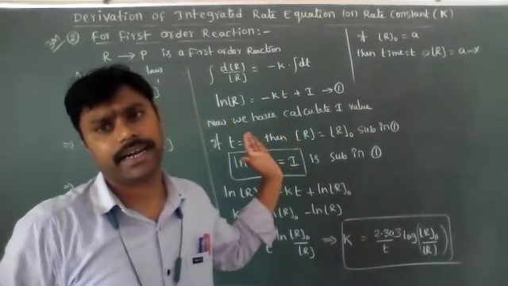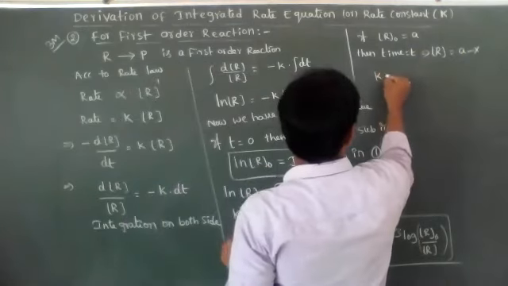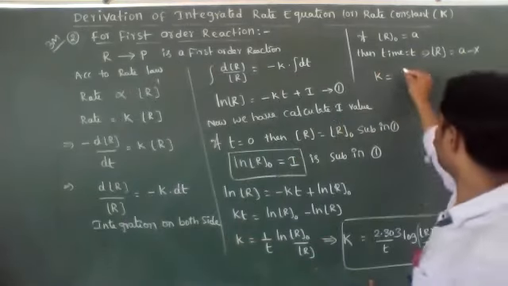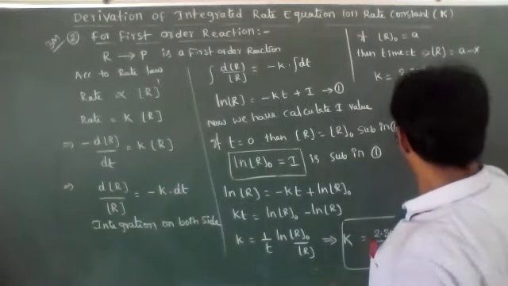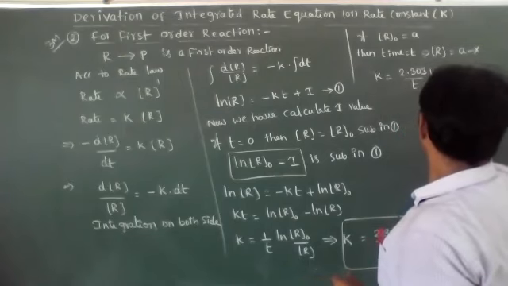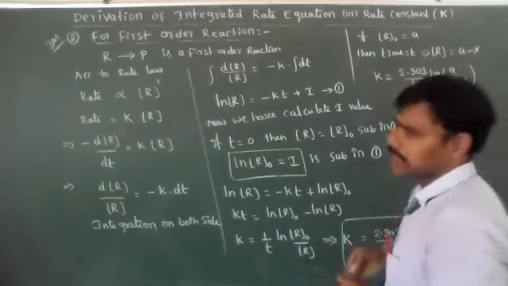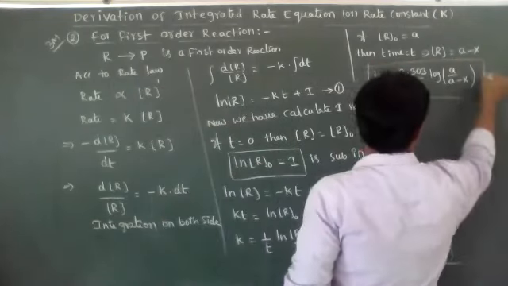Already in the zero order reaction we discussed X. Therefore, K equals 2.303 by t into log A by A minus X. Like that also we can write this equation.